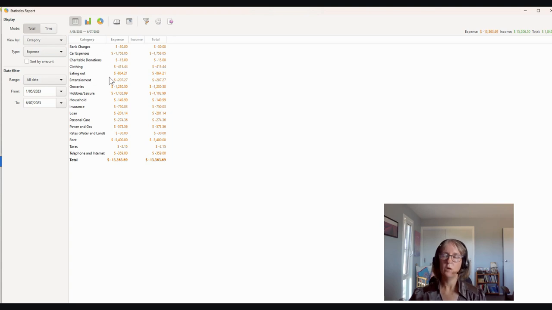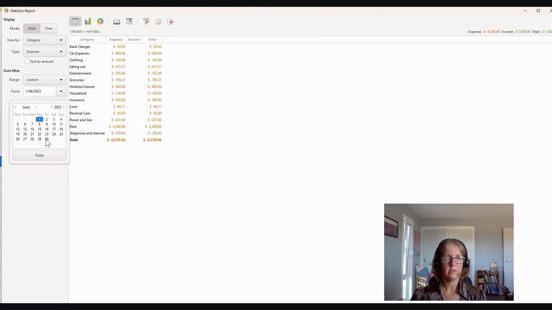So imagine that we're only in June and we want to see how we've gone. You don't want to look at 2 months. So you just click on the date that you want to start with, and then you click on the date that you want to end with. And now you have just the transactions for June. At the moment we can only see expense, we can't see income.